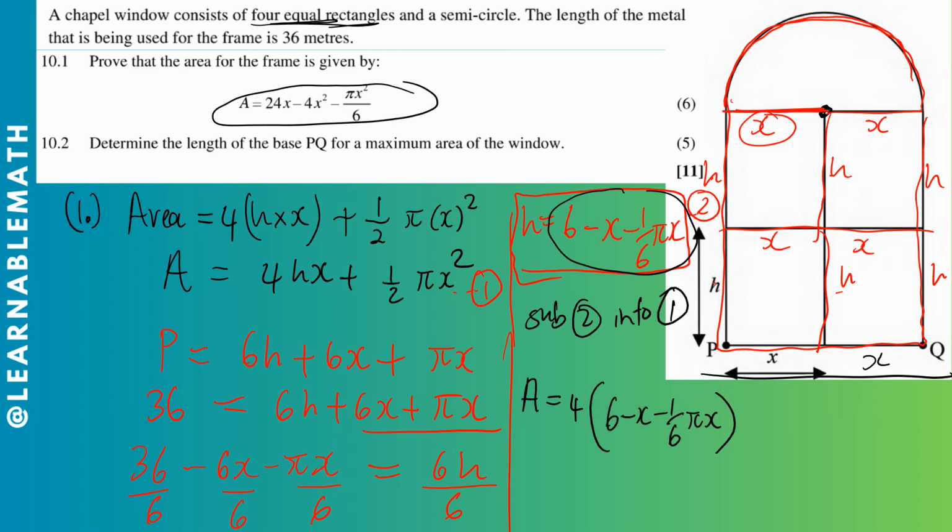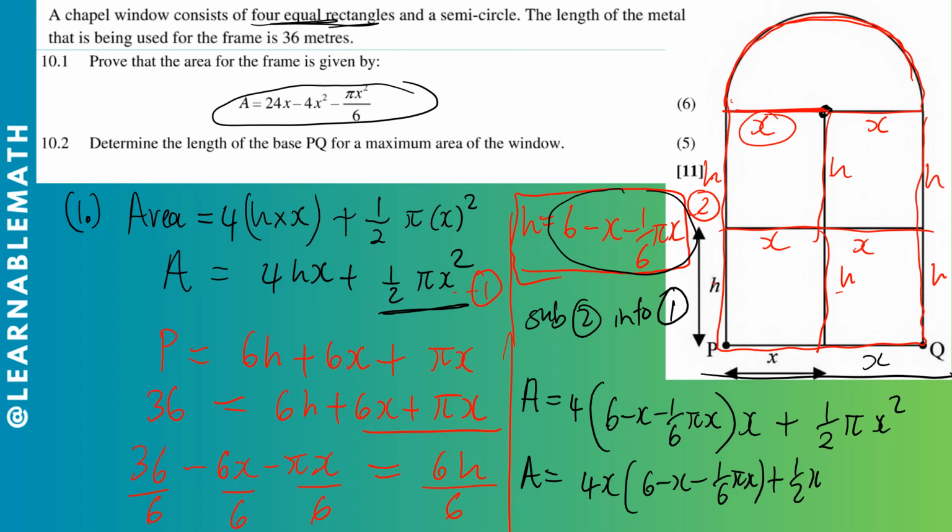Then we have plus, there is times x, multiplied by x, plus half pi x squared. Okay, so we can write this properly: 4x into (6 minus x minus 1 over 6 pi x) plus 1 over 2 pi x squared.